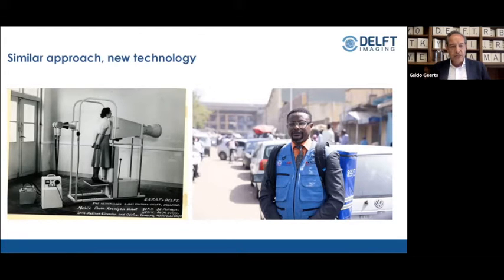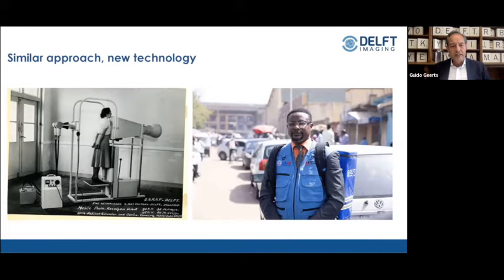And the interesting thing is that the approach was quite similar to what we do today. At that time, we already knew how important it was to be mobile with screening and to reach the real remote areas.